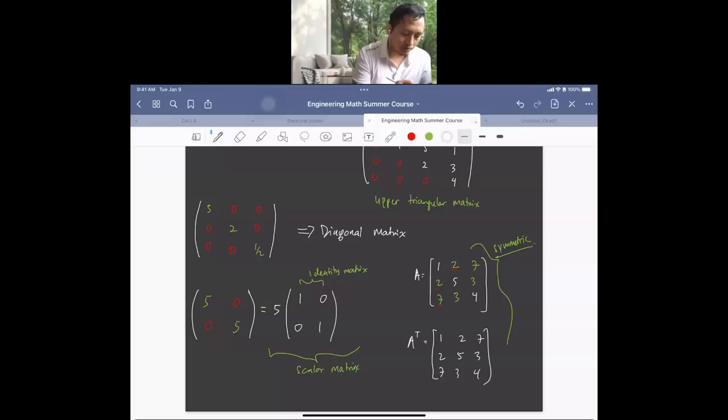Okay, the next part is the system of linear equations, especially using matrices. Using matrices, the formulation is the row echelon form or augmented matrix.